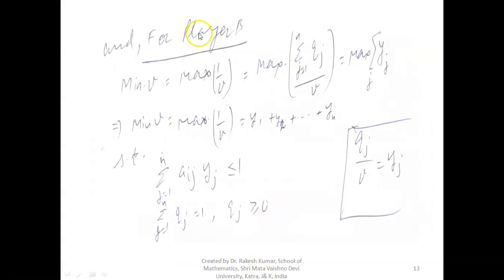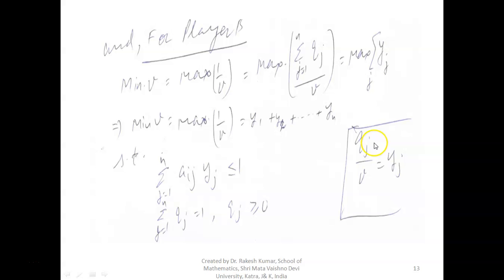Similarly, we can write the linear programming for player B like this: minimize V is just like maximizing 1 upon V, and like this: summation over j from 1 to n of Qj is equal to 1, and that's why we have written this.